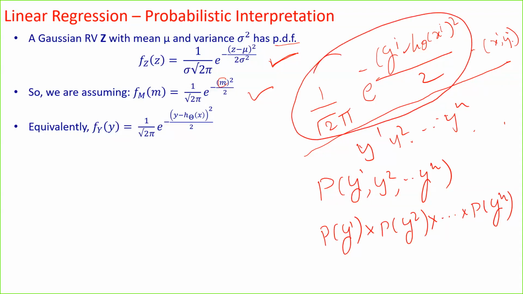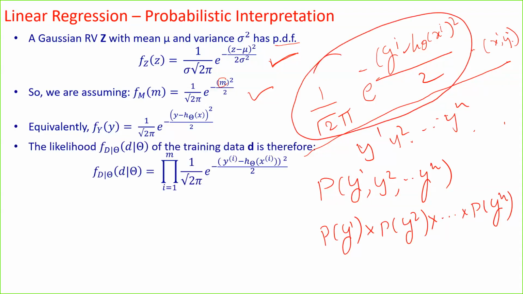So substitute, right? The task is to find out a theta that maximizes the likelihood of the data. How do you estimate the likelihood of the data? It is the product over the individual instance likelihoods. So product over i equal to 1 to m of the likelihood of the individual instance that we have got here.